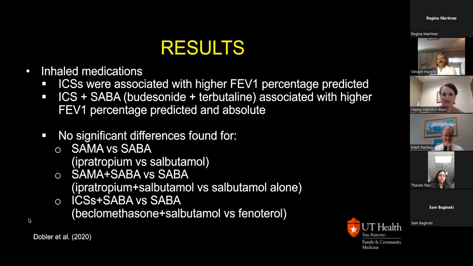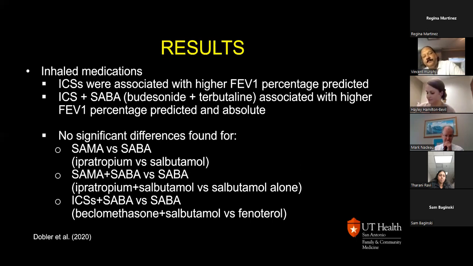So of the inhaled medications, they started looking at the route of delivery of the drugs. For inhaled medications, the inhaled corticosteroids were associated with higher lung function. The inhaled corticosteroids plus a short-acting were associated with increased FEV1 as well.